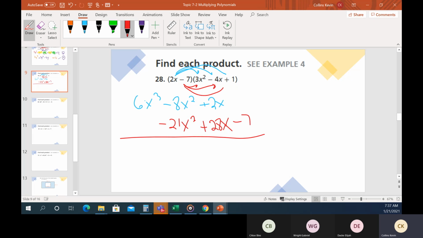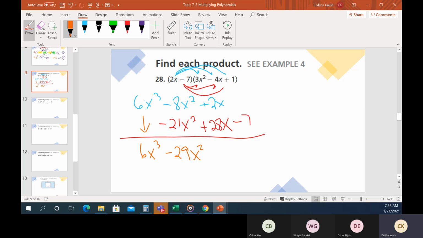So notice how I offset that 1 like that. And then notice that my terms line up. So when you're ready to combine stuff, you just say, okay, I'm just going to bring this guy straight down, right? So on The Price is Right, come on down. Okay, then we just add these guys. So negative 21, negative 8 more, that's minus 29, x squared.